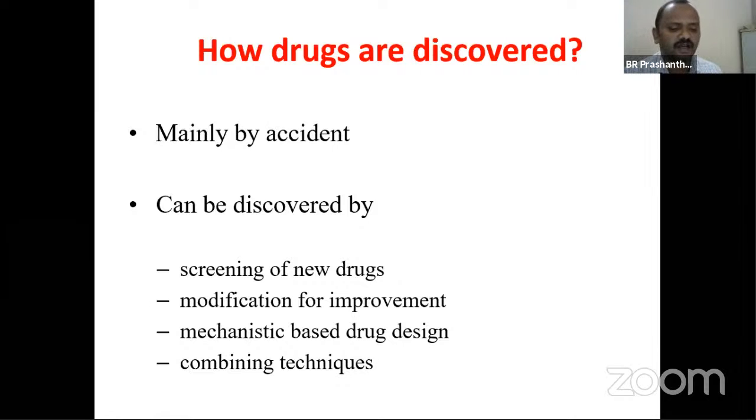So the other way in drug discovery is modification for improvement. It is just like, for example, any new car.